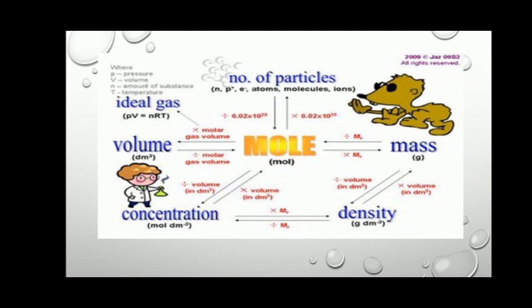And here clearly you'll find when this number of particles would be equal to 1 mole, and how this 1 mole relates to their mass in grams, or how mass relates with density, concentration, volume, etc. One more thing I'm telling you, that mole concept is not bounded particularly to solids, but it is also for gaseous species and liquids.